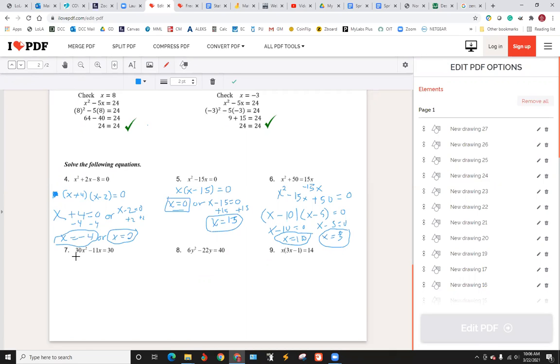But going to number 7, there's no greatest common factor between 30 and 11. So you just got to use a long way there. We may have to write this on the other board because it needs some room.